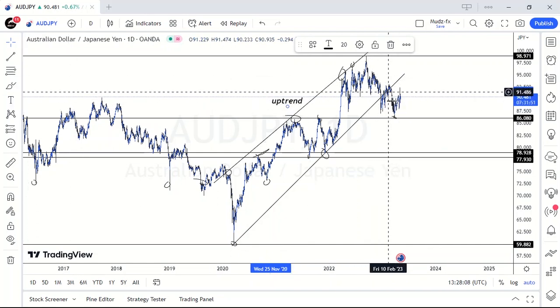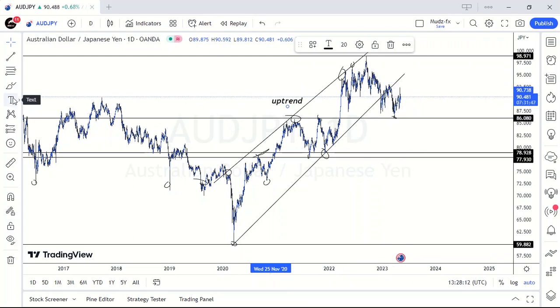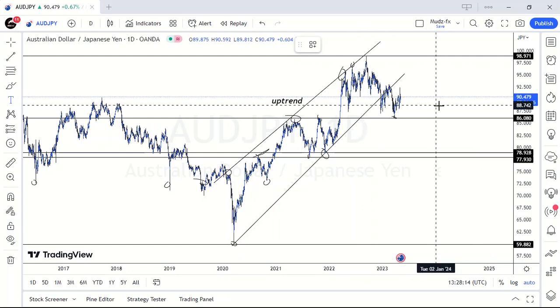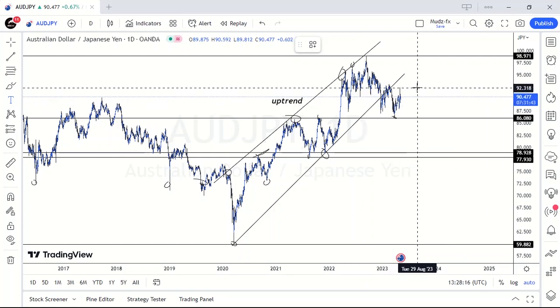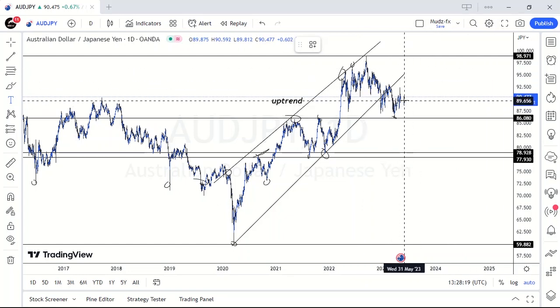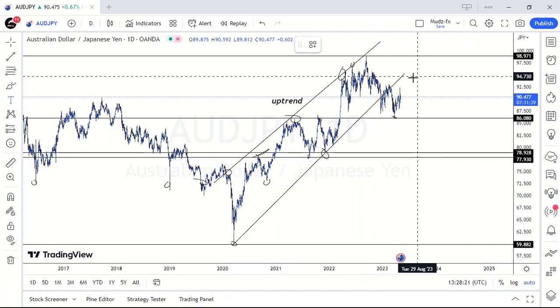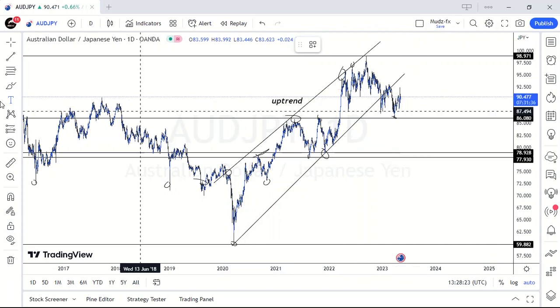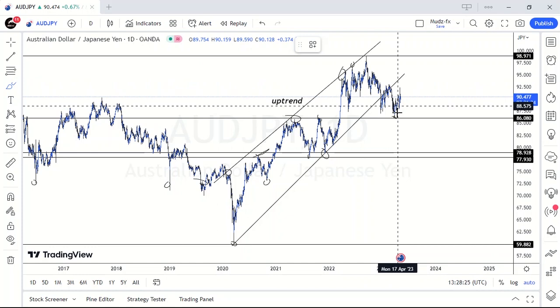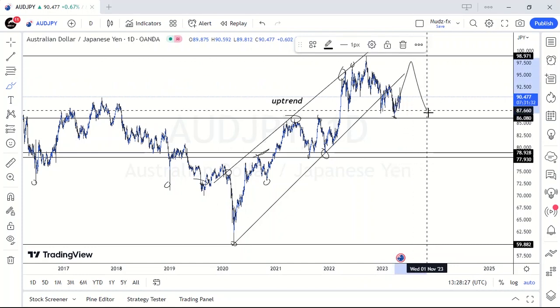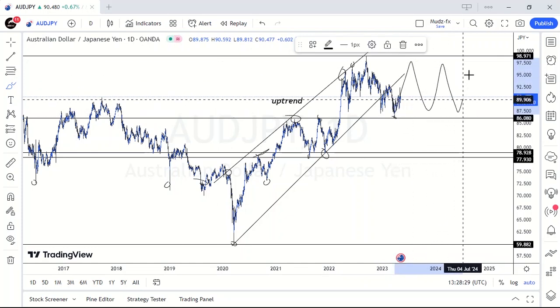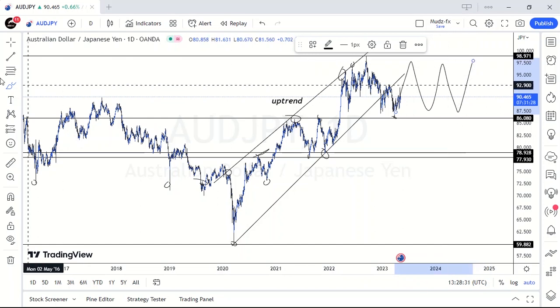Before I assume that the market has broken our uptrend, there are two things that we might see. Either we might see the market making a range, a sideways structure, whereby the market will be moving inside support and resistance.